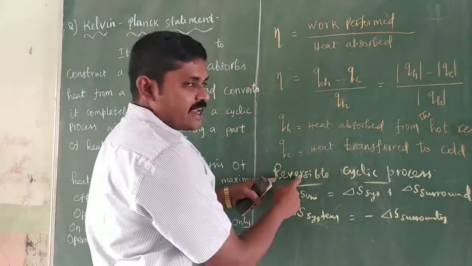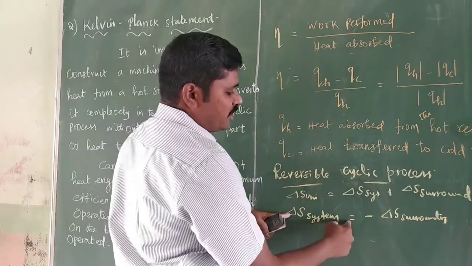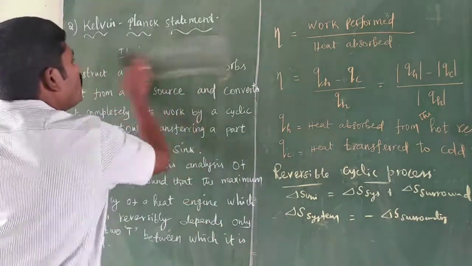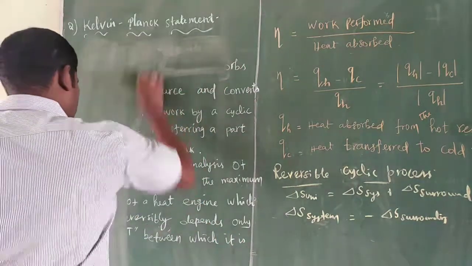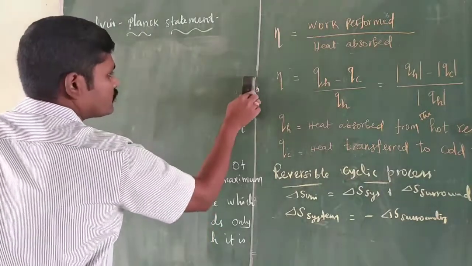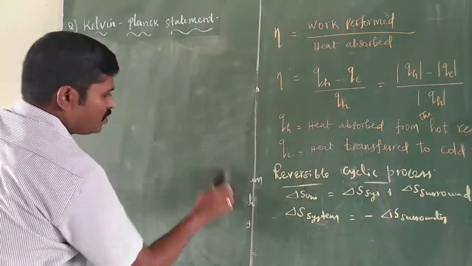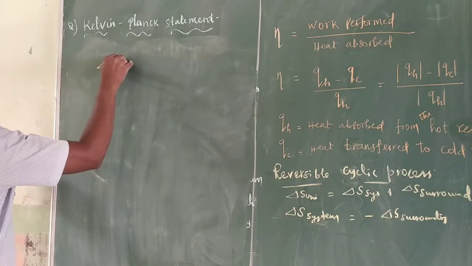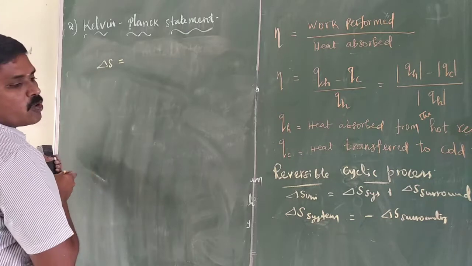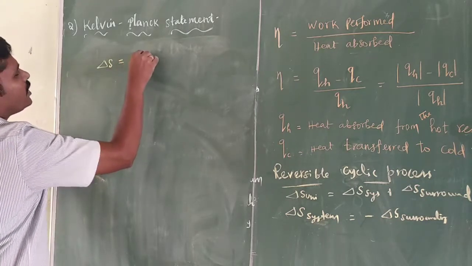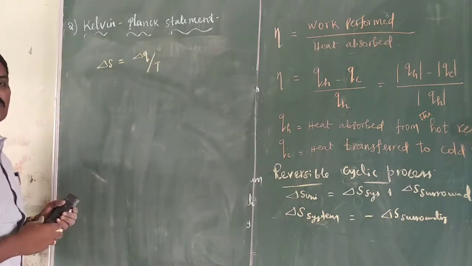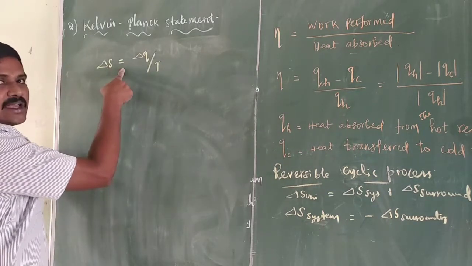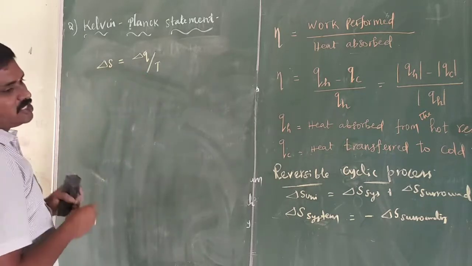Already you know that in a reversible process, del S system is equal to minus del S surrounding. And del S is equal to del Q by T.